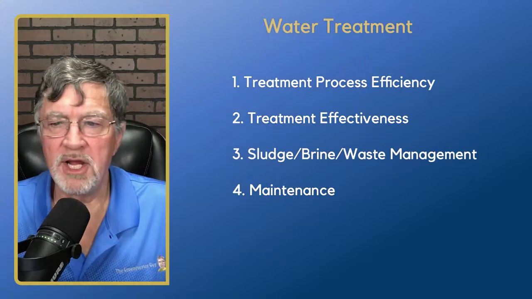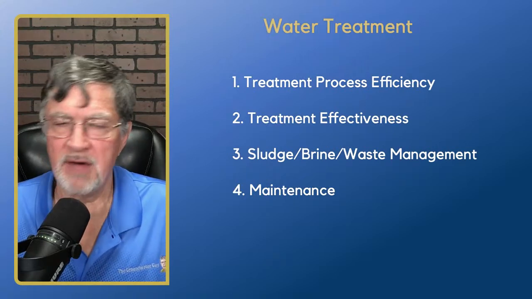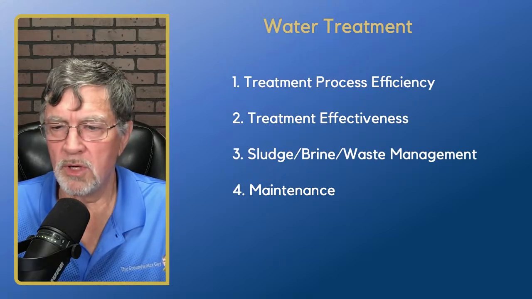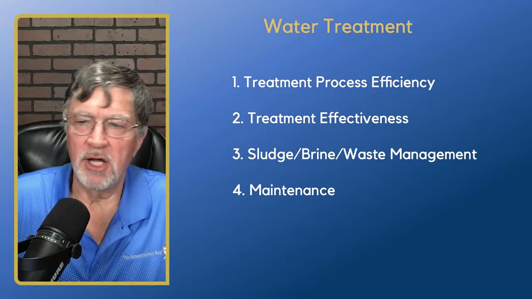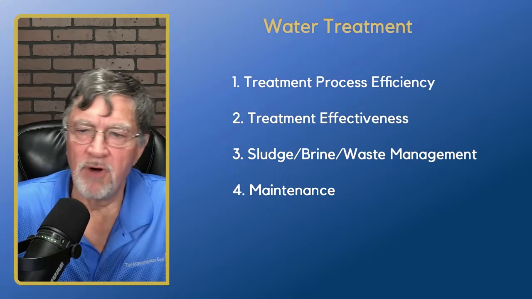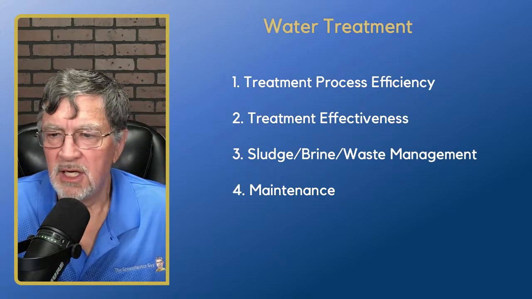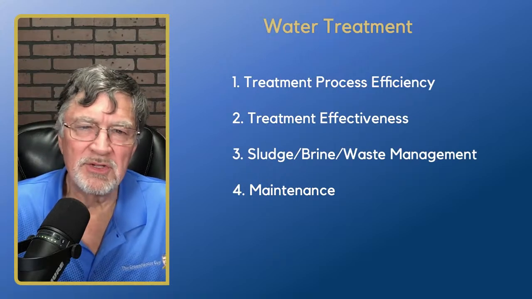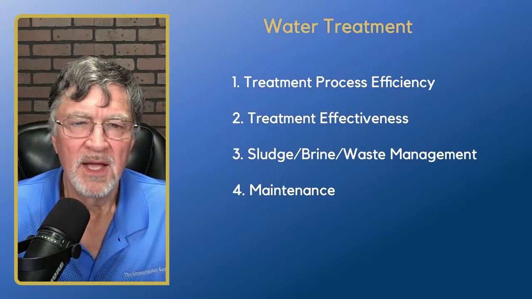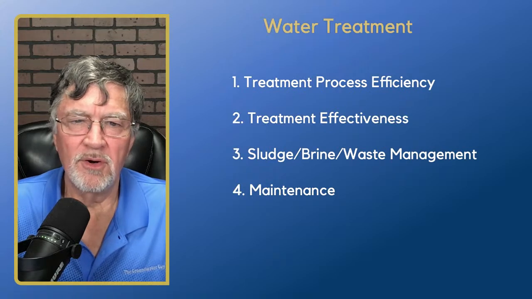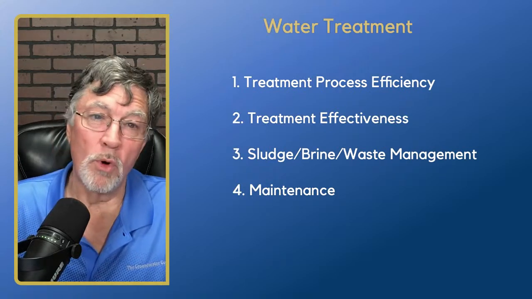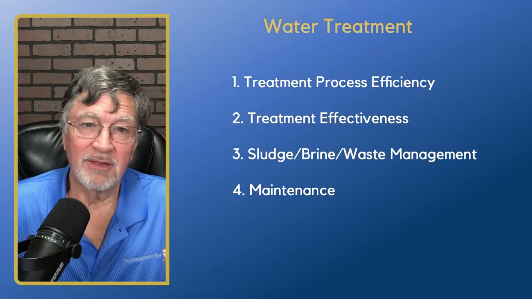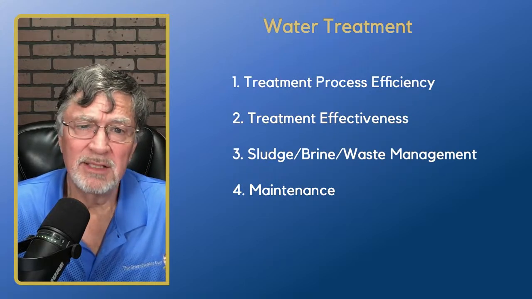Sludge, brine, waste management, especially if you have an RO or an ion exchange system, you really want to look at the amount of brine generated per volume of water treated. If your contaminant load is loading up your RO more than usual, and you can track that trend, then why is that?